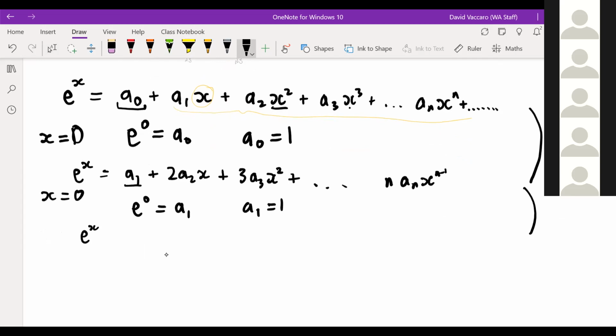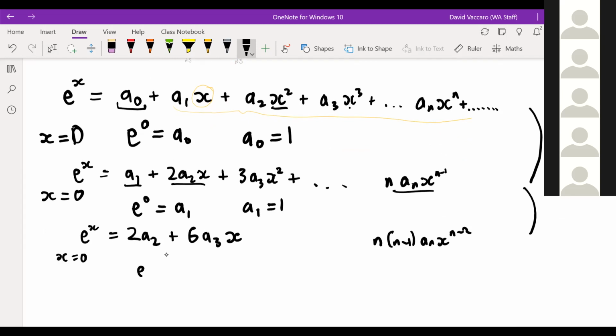The a1 goes away, the 2a2x becomes 2a2, the 3a3x squared becomes 3 times 2, which is 6a3x, and this term becomes n times n minus 1 times an x to the n minus 2. Now when I put x equals 0, I get e to the 0 equals 2a2.